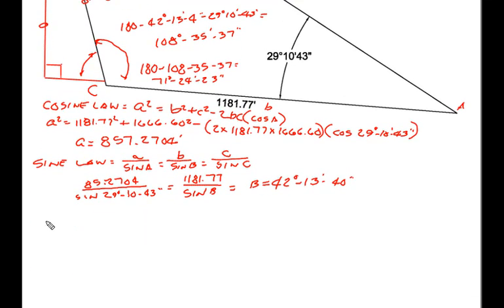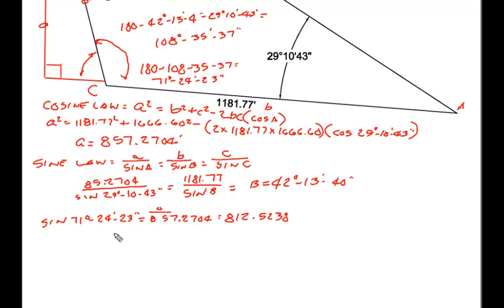So if we say that the sine of 71 degrees, 24 minutes, 23 seconds is equal to our opposite side divided by our hypotenuse, which is 857.2704, that tells us that our height of our triangle is 812.5238.